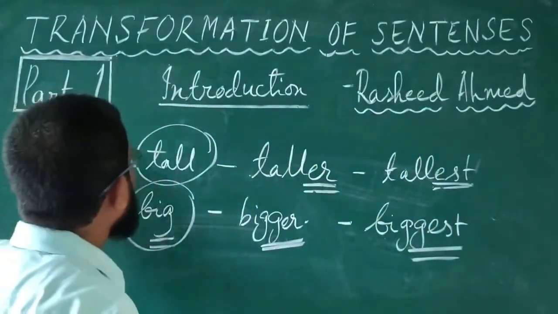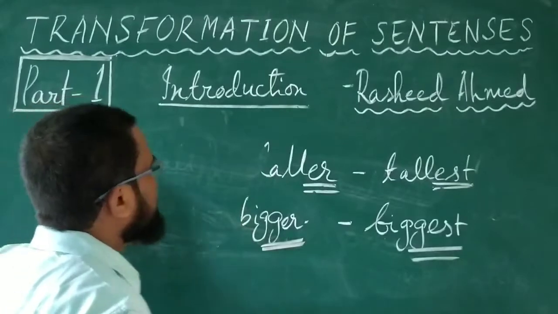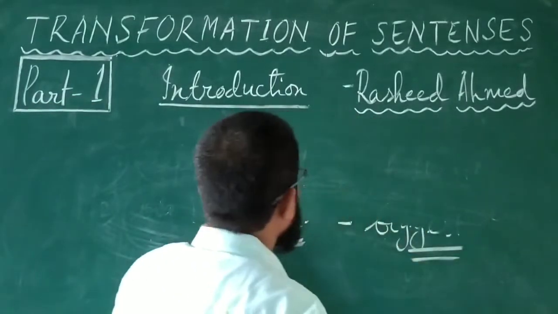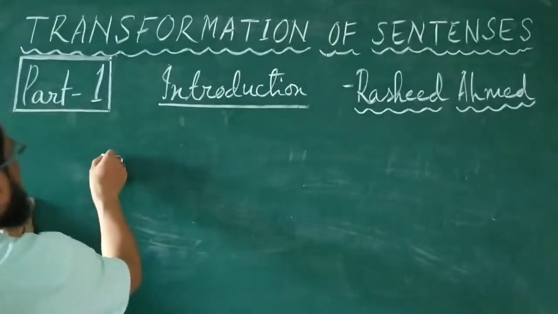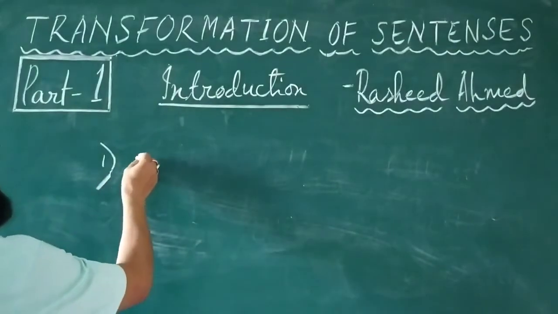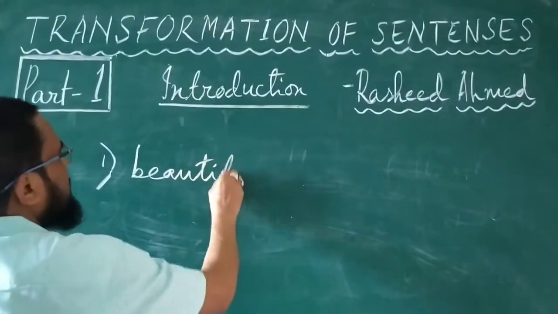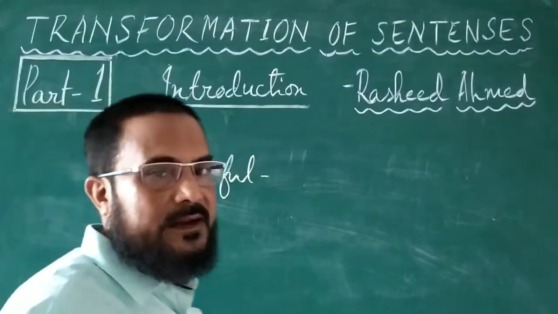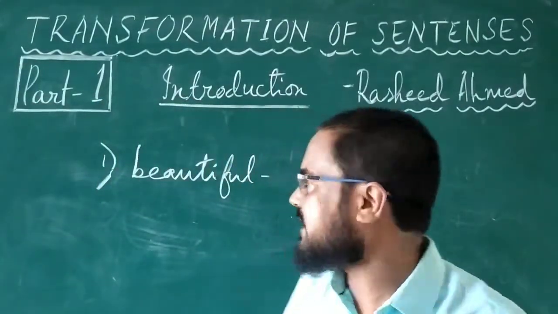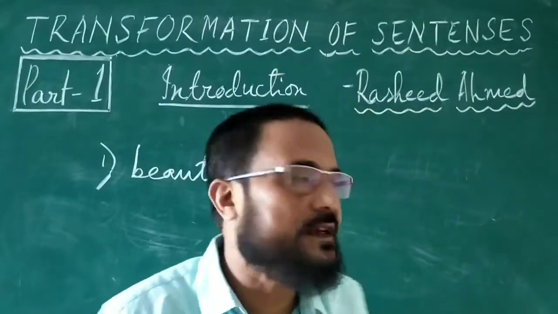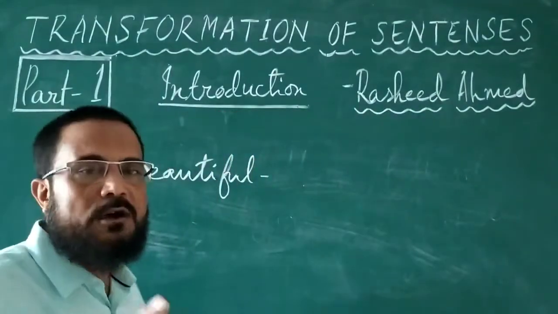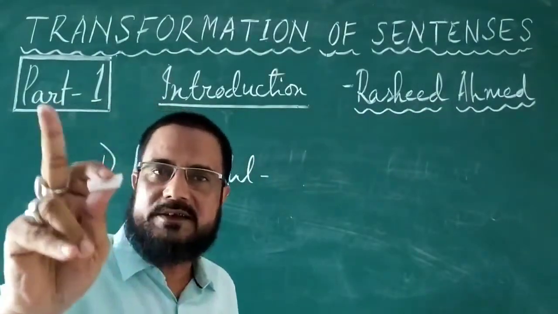Coming to the next form of words, I have given you some examples. Let us write those. One is beautiful. This beautiful is not like tall or big. There are three syllables in it, and for these kind of words, when you change it into comparative degree, you are not to add er or est.